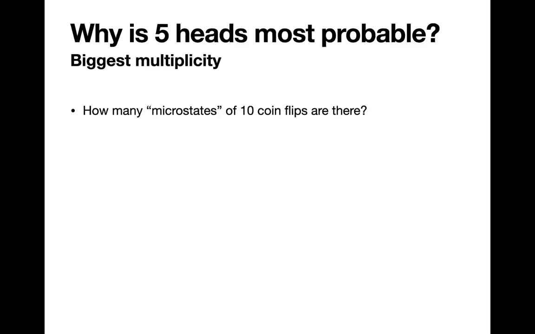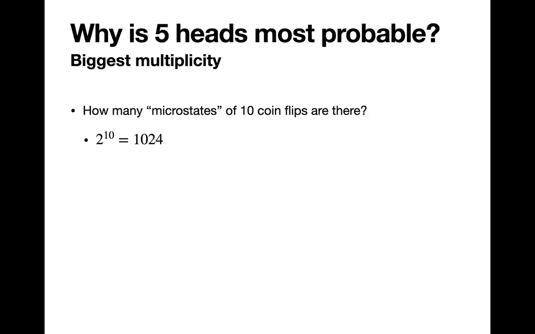So the multiplicity is the terminology for how many microstates have that particular value for the macrostate, right? So the total number of microstates for 10 coin flips is going to be 2 to the 10th, right? You have 10 different things, each of which can have 2 different values. So that's 1,024, right?